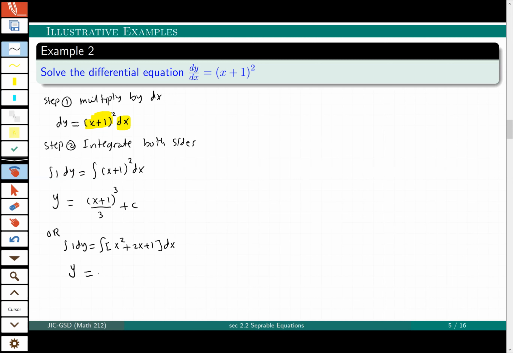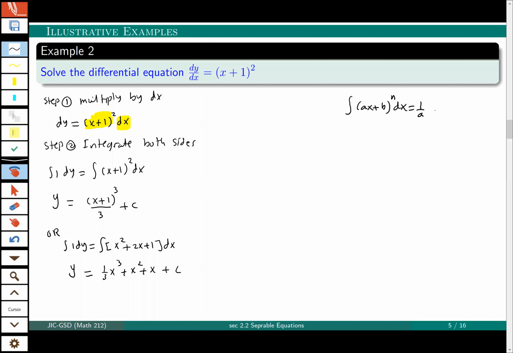Then they will say that y equals 1/3 x cubed plus x squared plus x plus a constant. See, both of them are correct because we have ax plus b all to the power n dx, that is 1 over a times ax plus b raised to the power n plus 1 divided by n plus 1, plus a constant. Either use this formula or you can open it, but no need.